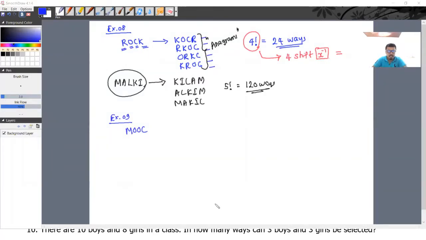No, that is not 24 ways. Why? Because we can see 2 O's here, isn't it? The same letter O has been repeated 2 times in this word, but in the earlier examples it was not like that.